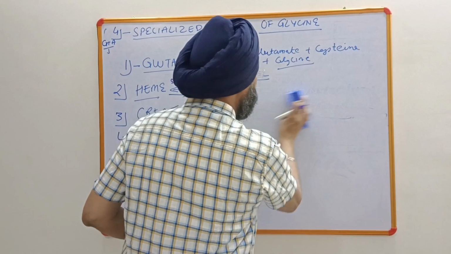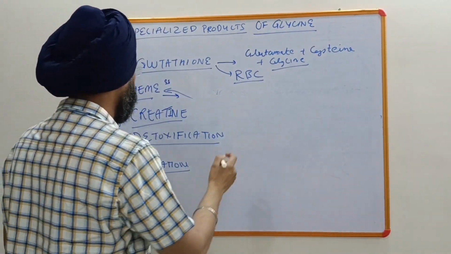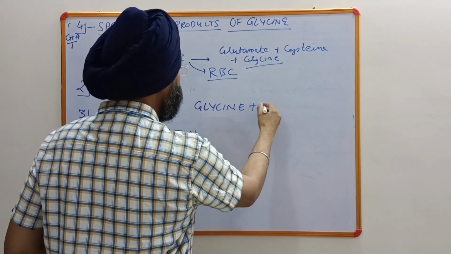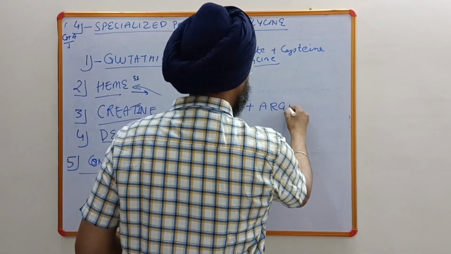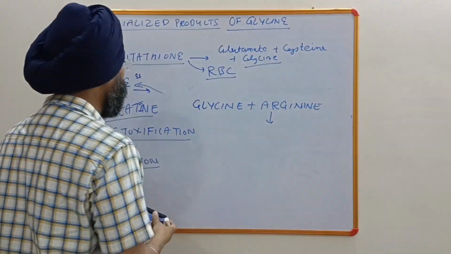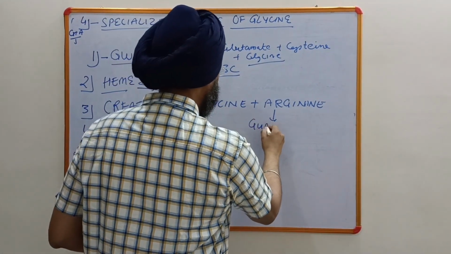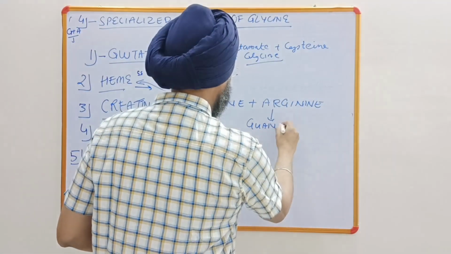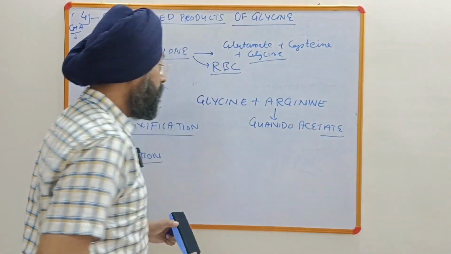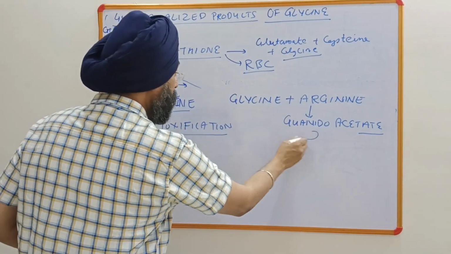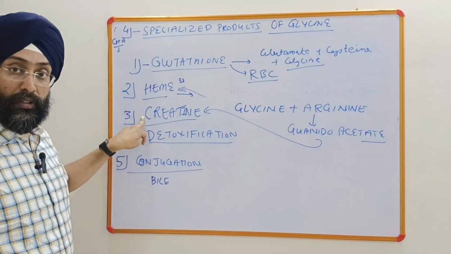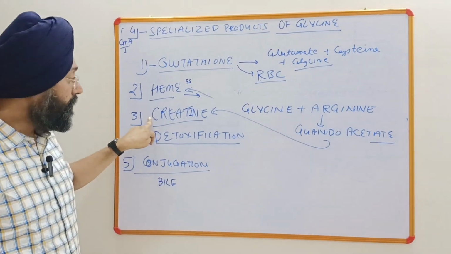I will write down here glycine plus arginine, which will result in the synthesis of guanidoacetate. Guanidoacetate will further lead to the synthesis of creatine. Creatine will further form creatine phosphate and it will also form creatinine.